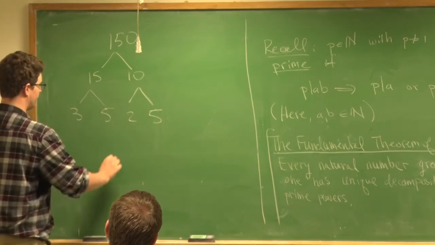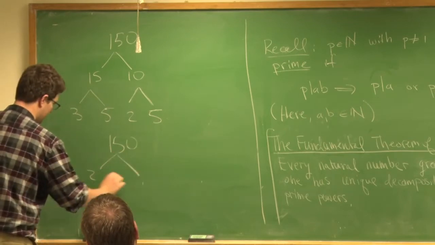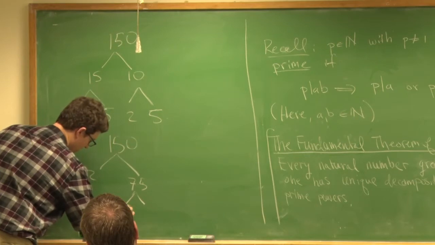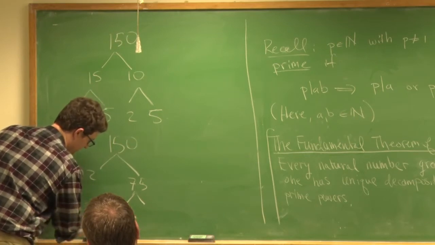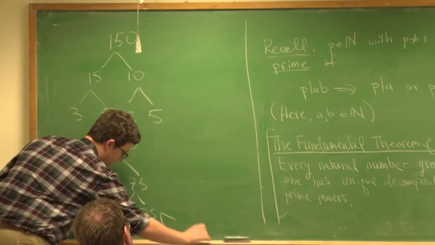Another way you could break it down is that you could take 150, and this could be 2 times 75. This could be 3 times 25, and this could be 5 times 5 down here.